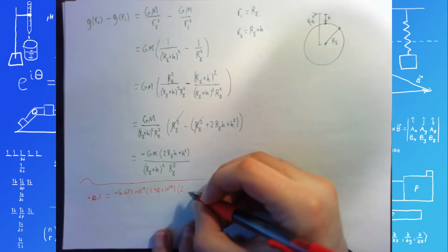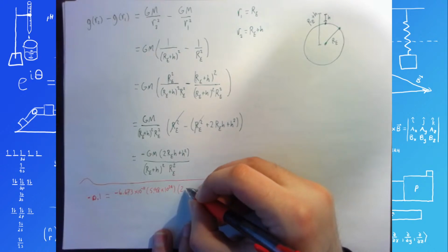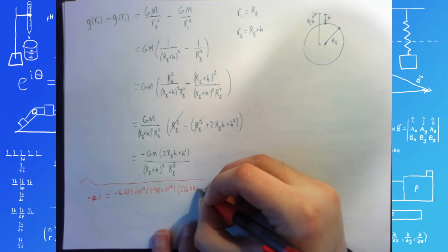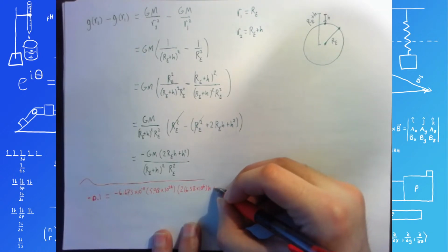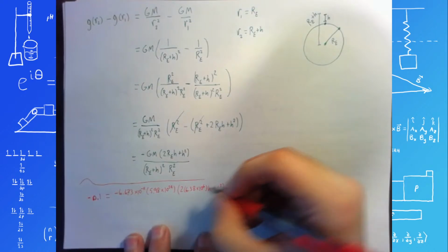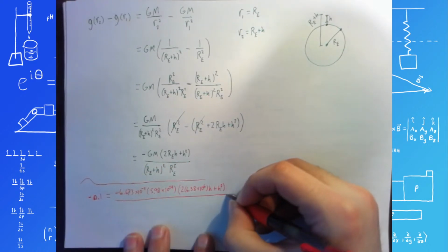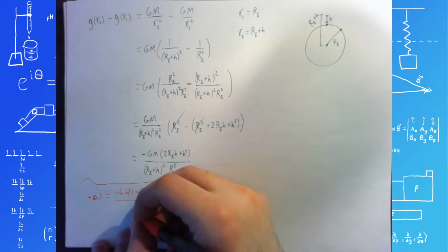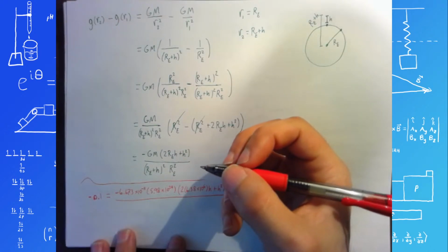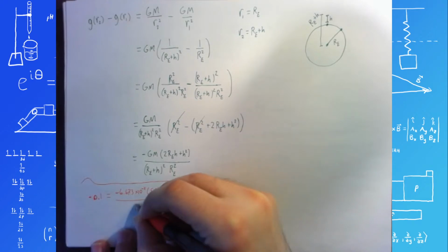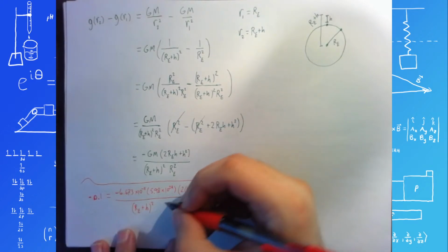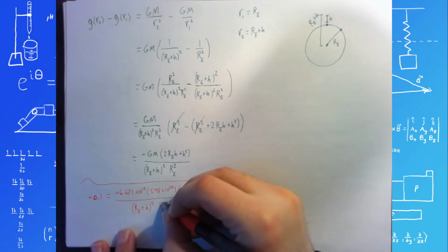And then we've got 2 times 6.38 times 10 to the 6 H plus H squared all over, I don't want to have to write that number every single time. We'll just call it Re plus H squared for now, times Re squared.